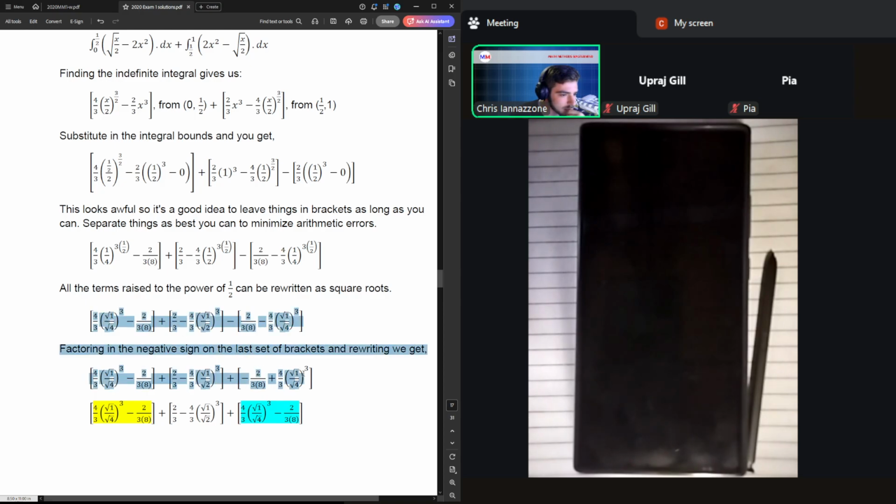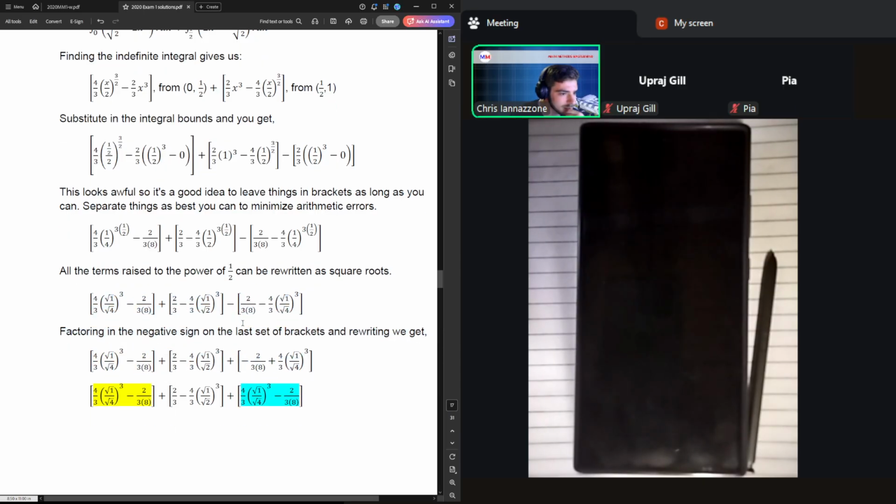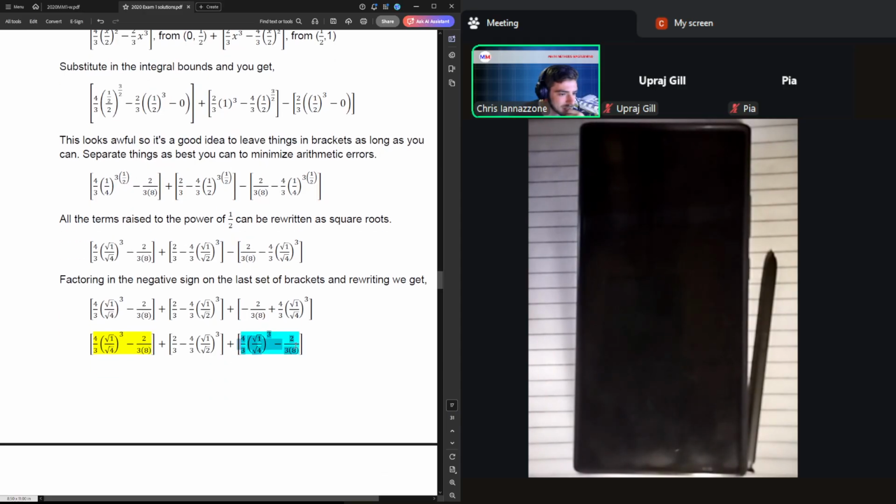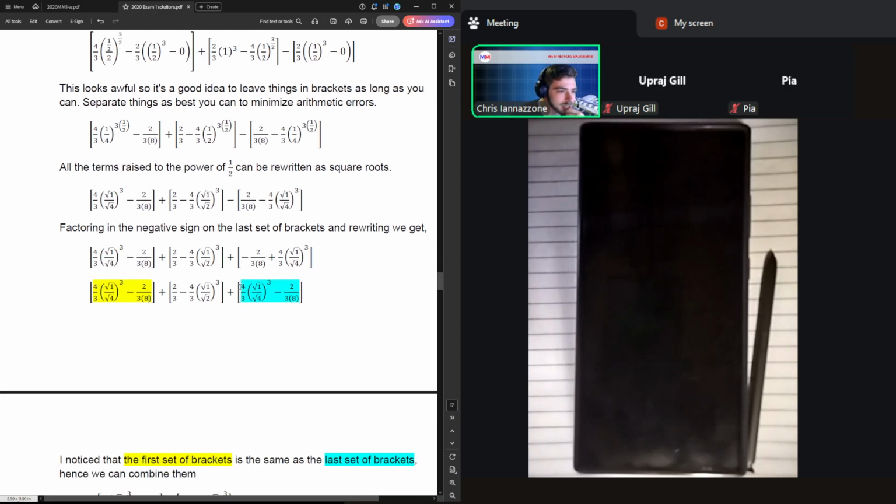What am I doing from here to here? Looks like nothing, I'm just rewriting the line. Oh wait, no, actually I've taken a negative out. Fair enough. And the reason I've done that is because these two things now become the same. So I don't actually have to evaluate both of these individually.